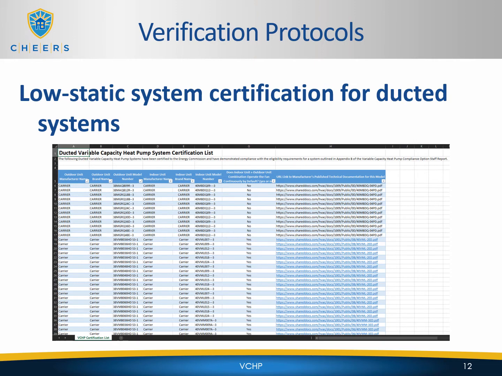So you'll be using this for a couple of different verifications, but this one is very similar to the list that you'll see when doing low leakage air handlers. Very similar. You'll open up that list, make sure that you always get a fresh list when you're doing that verification, as items can be added to it. And you're going to look for the make and model numbers of the VCHP that you're trying to verify and ensure that it is on this list.